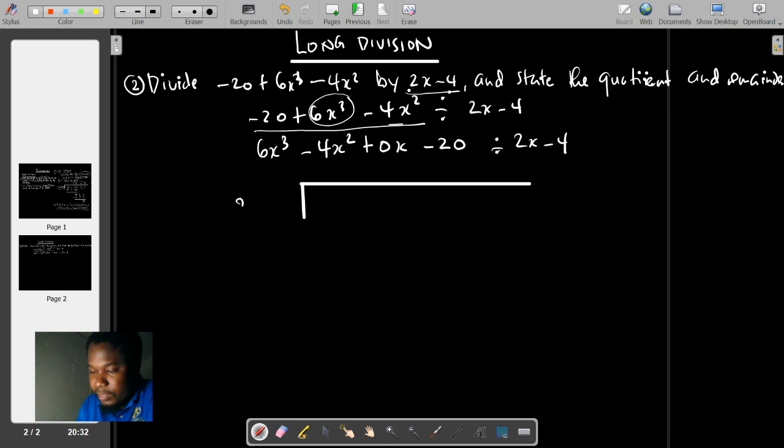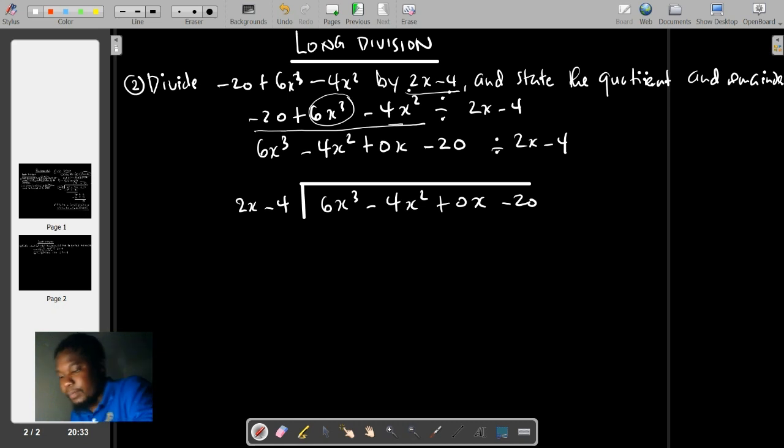So it's 2x minus 4. Then we write our dividend here: 6x to the power 3 minus 4x squared plus 0x minus 20. Now remember, we just deal with the first term with the highest degree in the divisor.